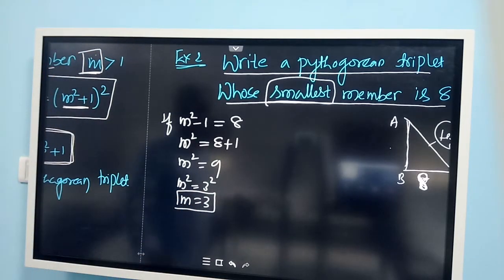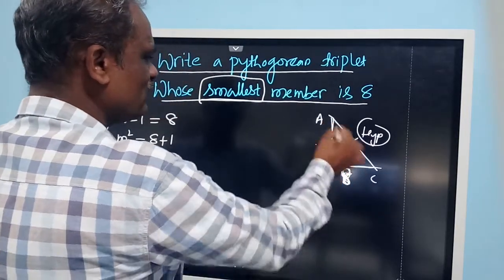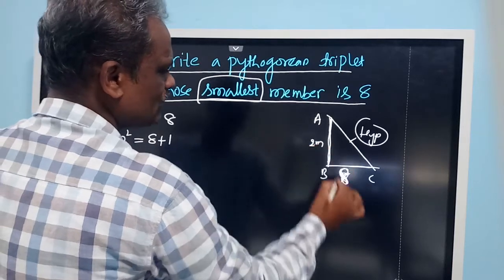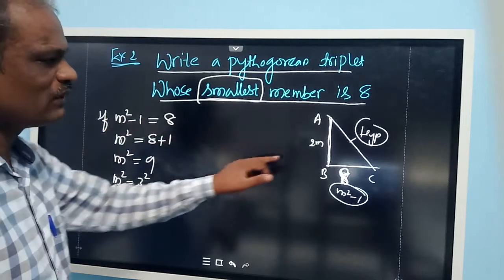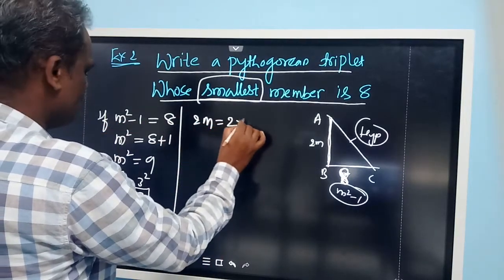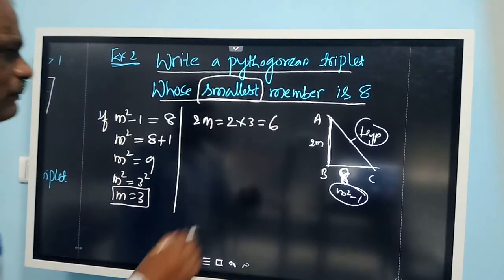Okay. If m is equal to 3, let us find out the other two sides. So what will be this side? This must be 2m, since you have taken 8 as m square minus 1. So 2m will be equal to 2 into 3. It is 6. 2m is 6.